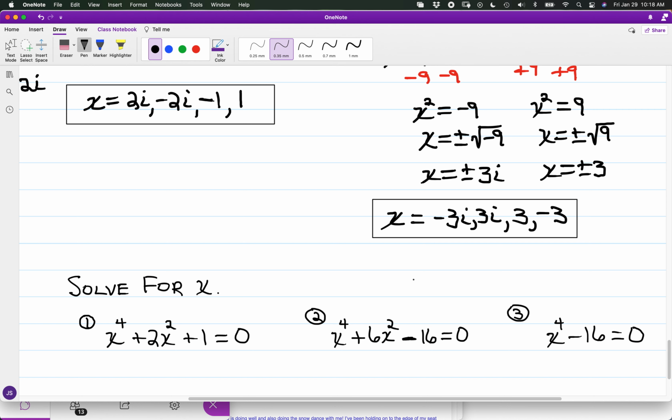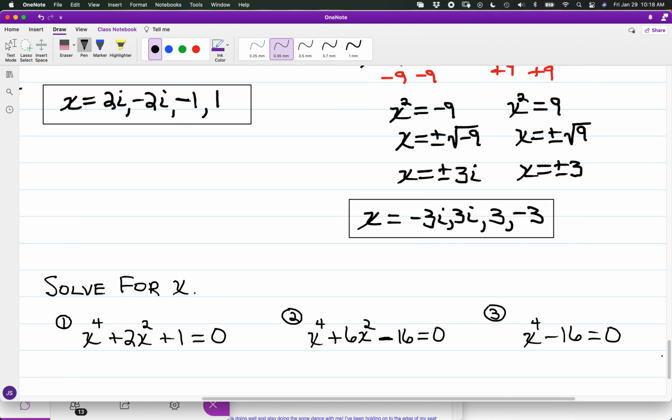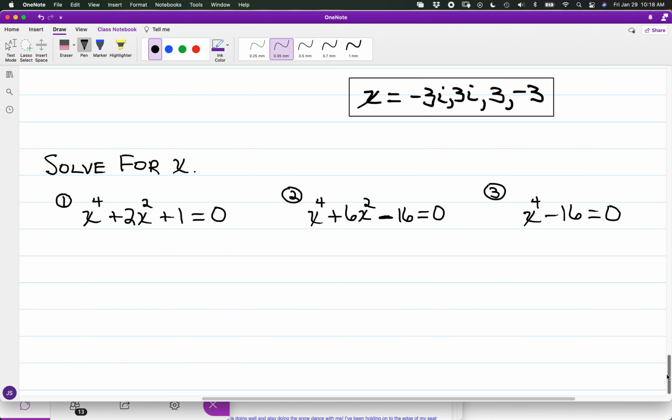Okay, if you're still working on these items, that is fine. We'll just go ahead and look into the first of this set. So we have x to the 4th plus 2x squared plus 1 is equal to 0. And this is going to be a case of an equation quadratic in form that will happen to be a square trinomial.